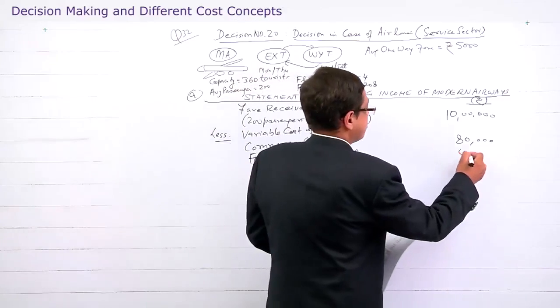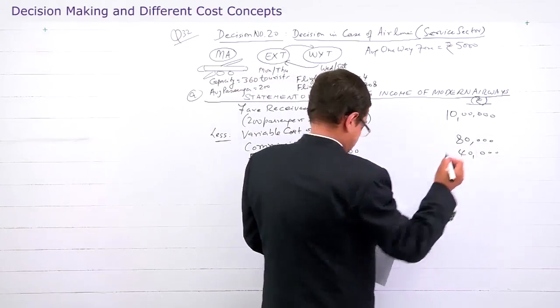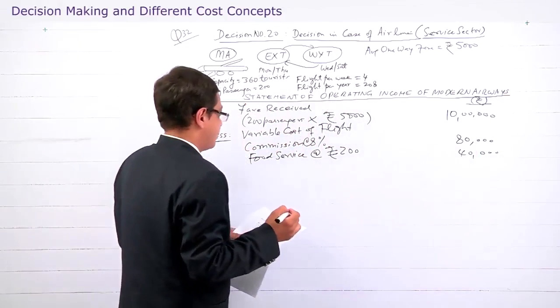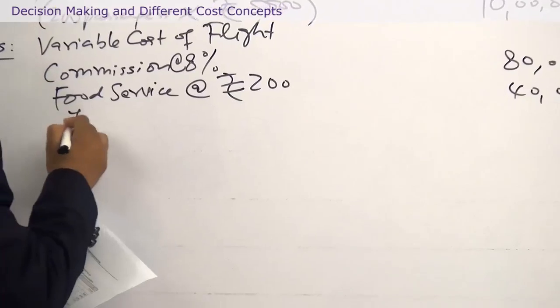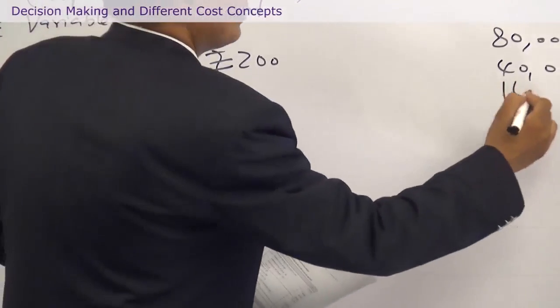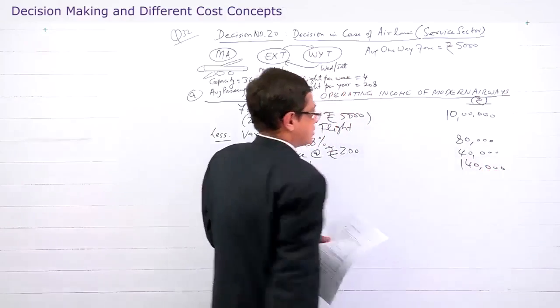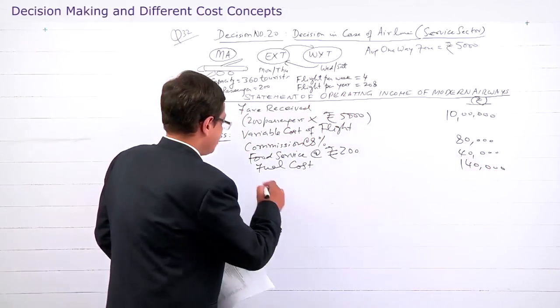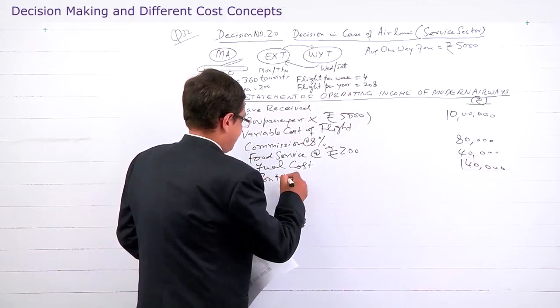So this works out 40,000 for 200 passengers. You have fuel cost per flight at rupees 1,40,000. So what you get is the contribution per flight.